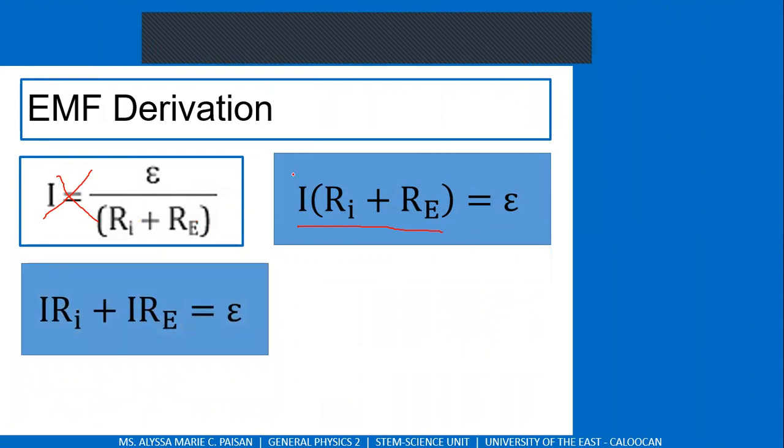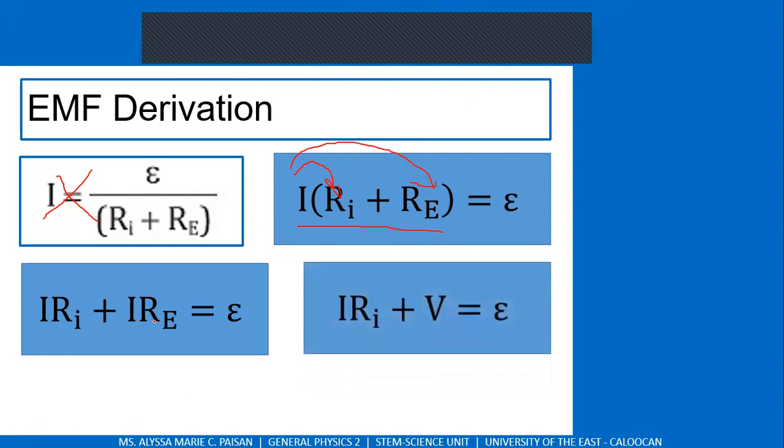Now, if we distribute the I, ayan, it would look like this. I, R sub I plus I, R sub E is equal to EMF or the epsilon. And notice that the I times RE became V.